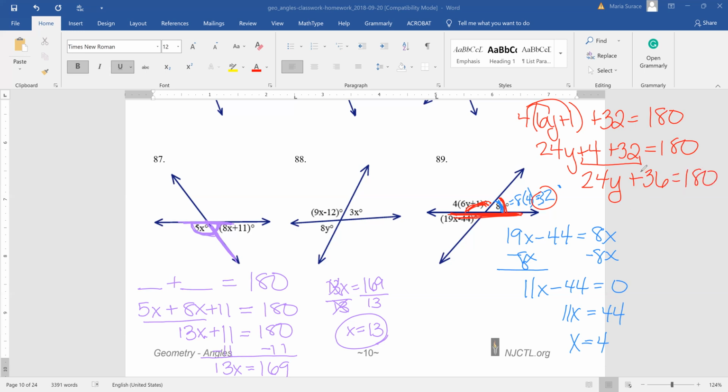I'm going to subtract 36 from both sides to get rid of it, which means I'll be left with 24y equals 144. And 144 divided by 24 is 6, so y is equal to 6. So your answer for number 89 is that x equals 4 and y equals 6.